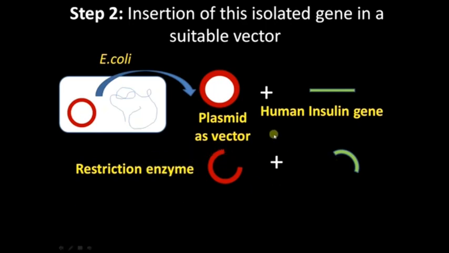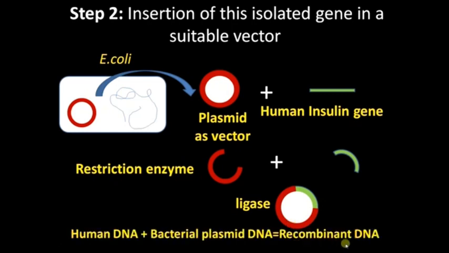So we need to incorporate our insulin gene into this vector. What we did was I made a cut using restriction enzyme, and now I have the gene. So I have incorporated my insulin gene into the vector and I seal the cutting ends with the enzyme ligase. Now we have the recombinant DNA molecule or chimeric DNA.